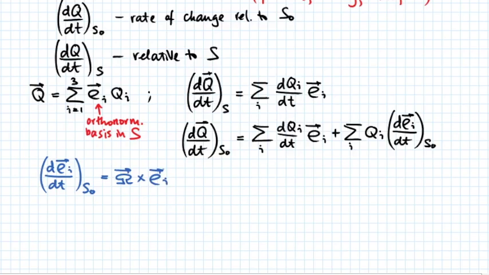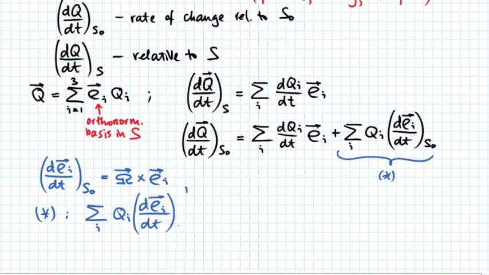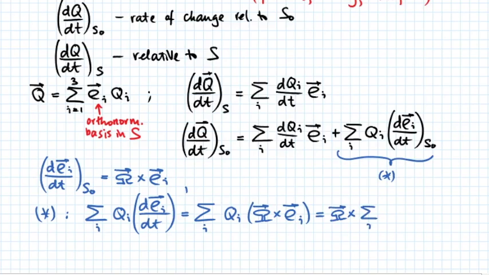We use it and rewrite the second term as sum of components q_i times cross product of angular velocity and the vector E sub I, which we write as angular velocity omega cross product, and we move the sum inside this cross product, and we get q_i times E_i, which of course is nothing other than just vector q.